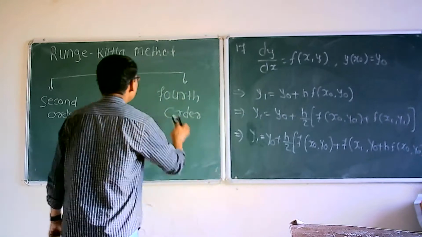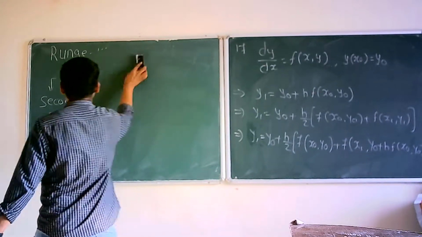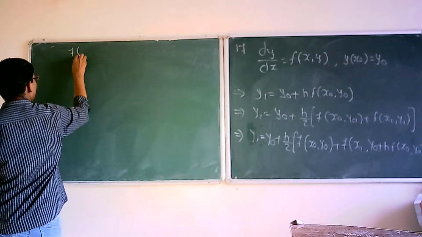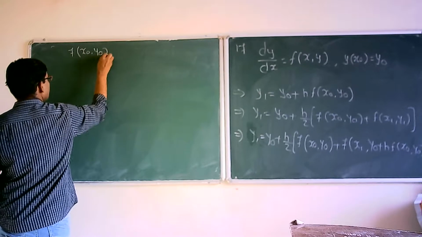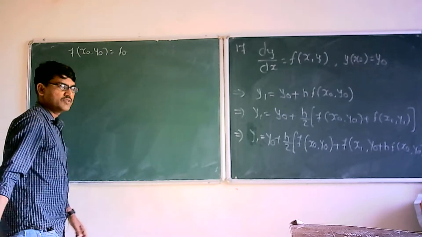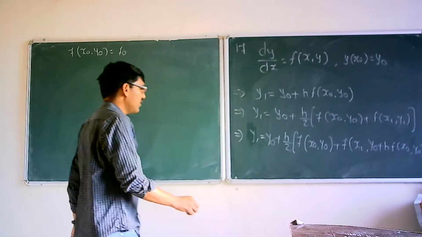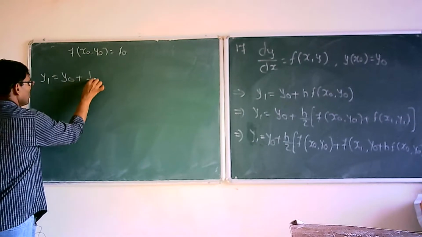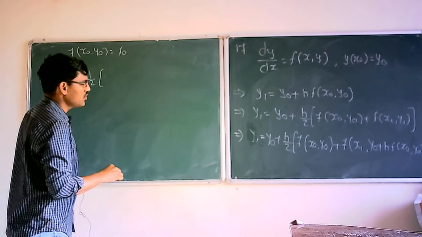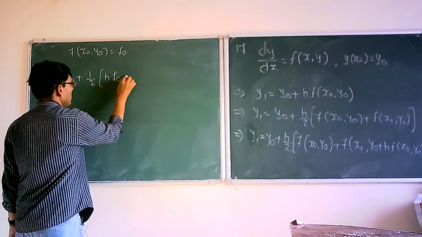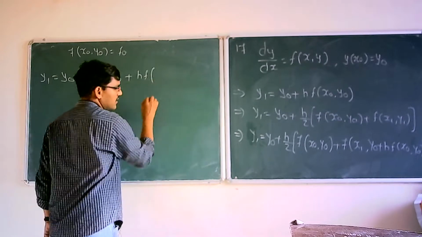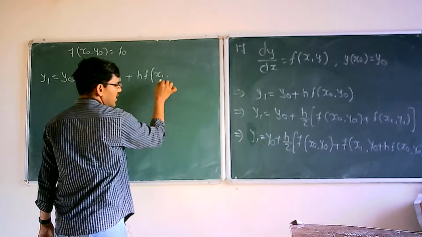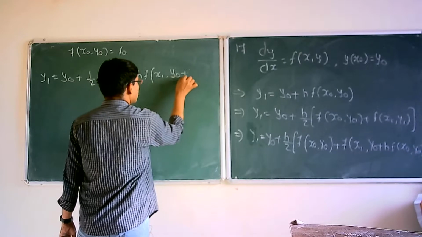And if we multiply this h inside the bracket and if we write f of x0 y0 is equal to f0, just this is only notation, then y1 is equal to y0 plus 1 by 2 h f0 plus h f of x1, y0 plus h f0.